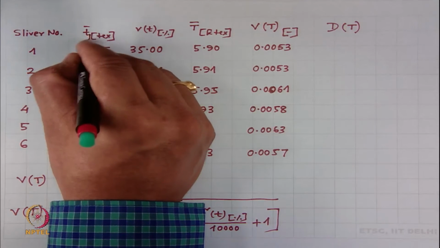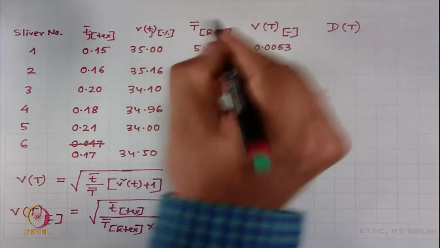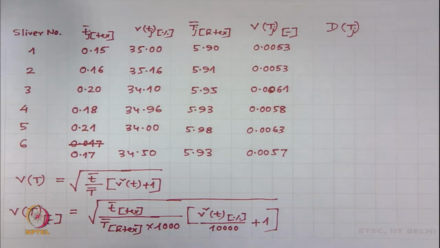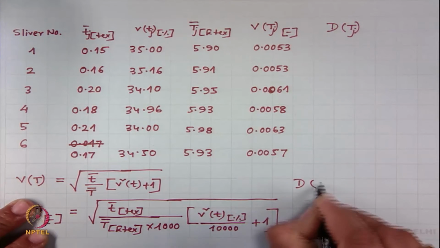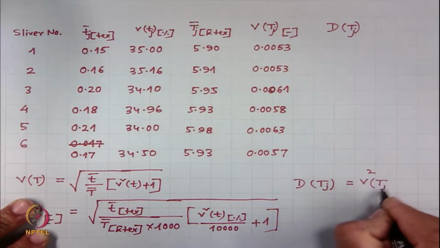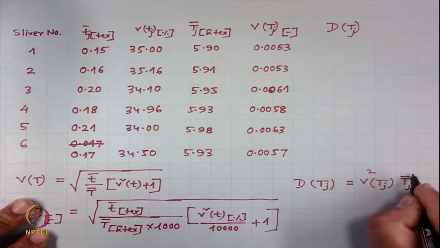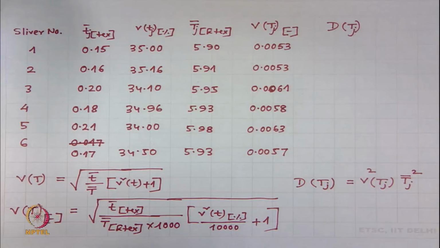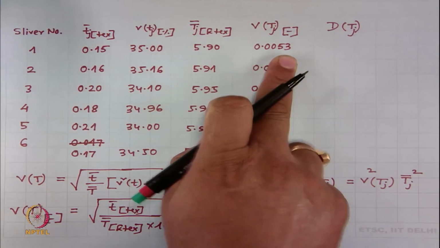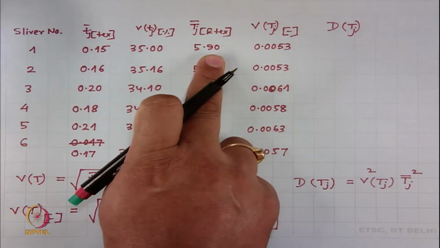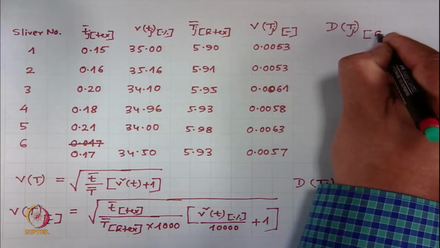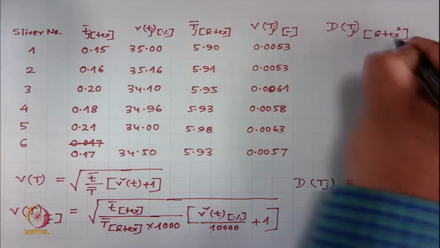Now, how to find out variance? Square. So, for the first one, square of 0.0053 into 5.90 square. So, its unit will be kilotex square.